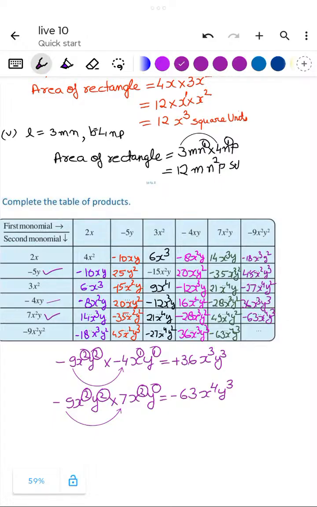Now the last one is negative 9x square y square times negative 9x square y square.